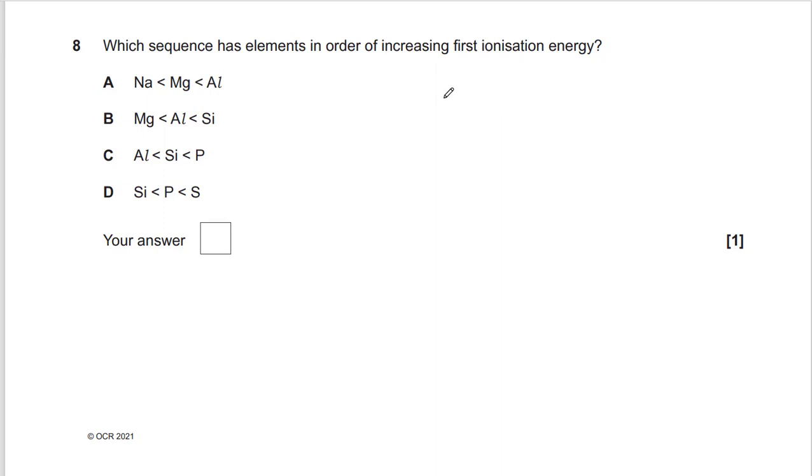Remember that when I go from group 2 to group 3, there is a decrease in ionization energy because you're going from the s orbital to the p orbital. So there's a small drop in ionization energy, and there's also a drop in ionization energy from group 5 to 6.